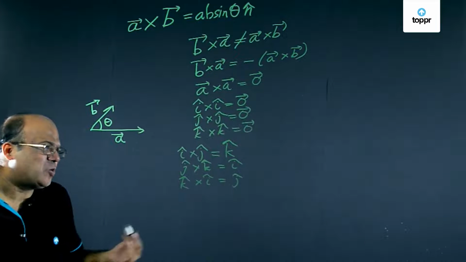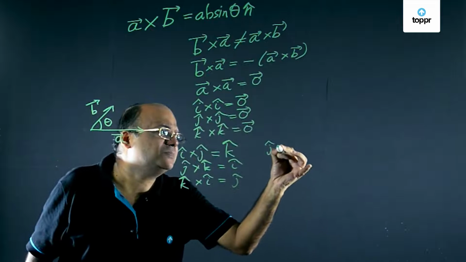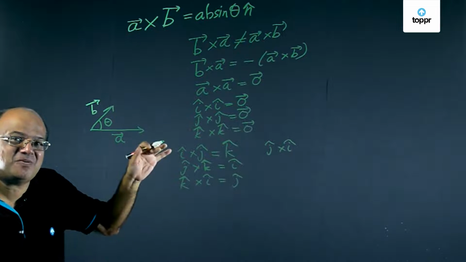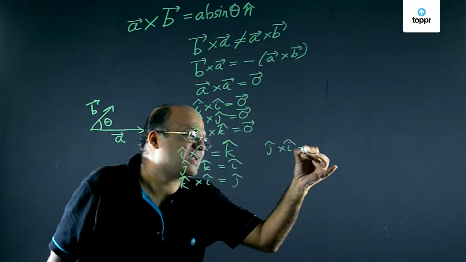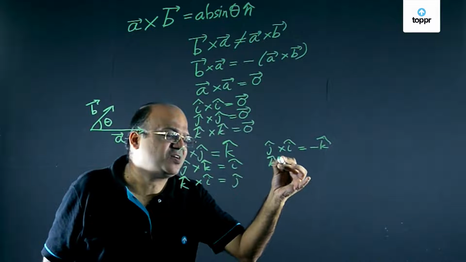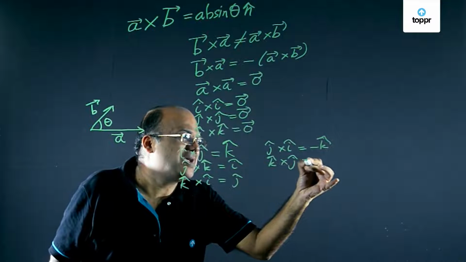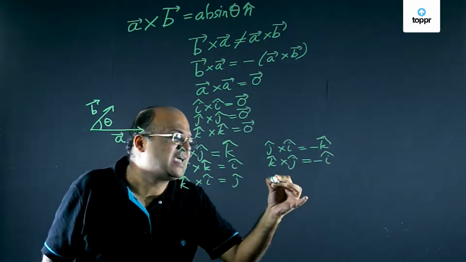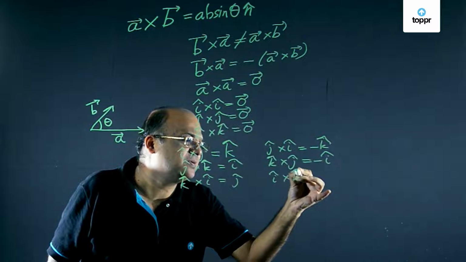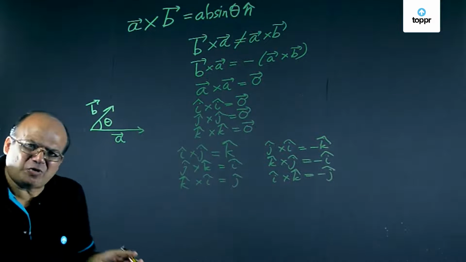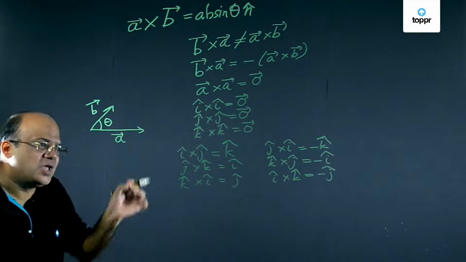What will be j cap cross i cap? No, it will not be k cap. It will be minus k cap because now you have changed the order. What will be k cap cross j cap? Minus i cap. And what will be i cap cross k cap? Minus j cap.